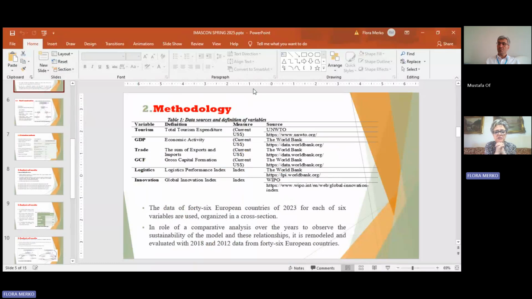The data of 46 European countries of 2023 for each of the 6 variables are used, organized in a cross section.